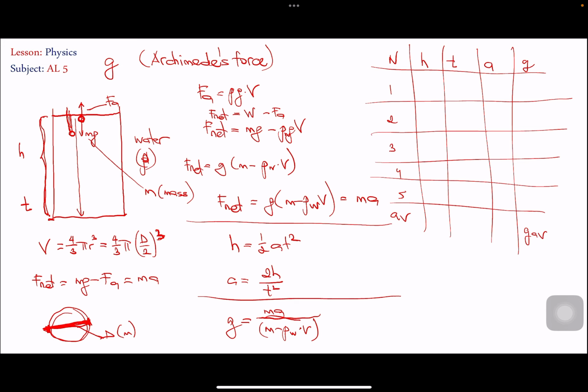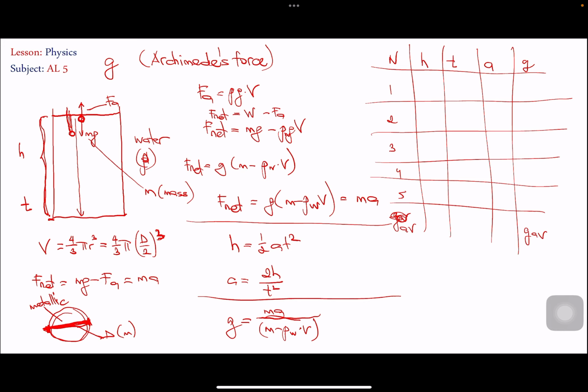I suggest you use the metallic ball here, not the wooden one, not the plastic one, because it won't fall down. It can float, so that's why you use the metallic ball. I hope that will be interesting. No, that's not for the a average. That's the average.